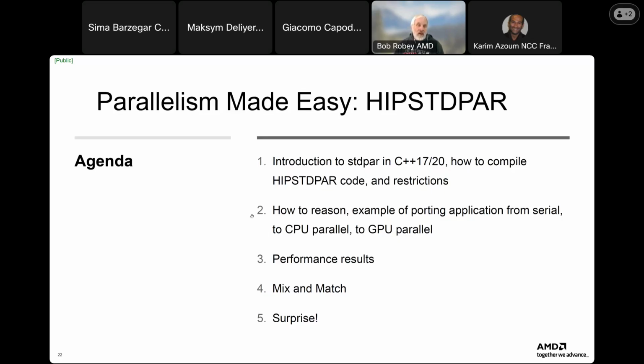So we're going to go through just how you can use this. It's fairly early in both the standard and in the compilers. And so it's not what I would recommend if your code is really trying to reach the absolute best performance. But it is very interesting for simple parallelism in C++ code.